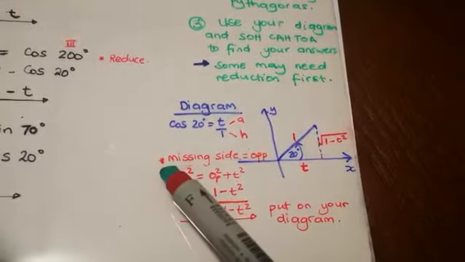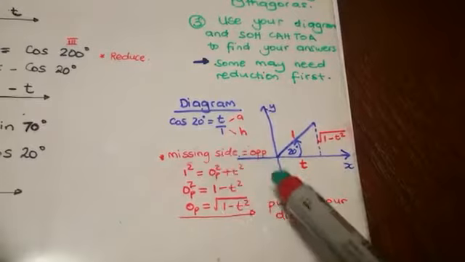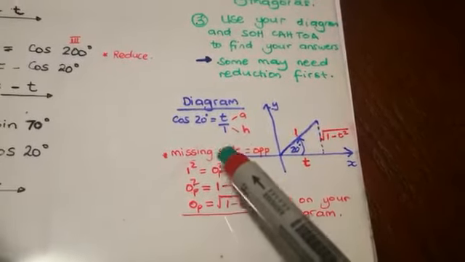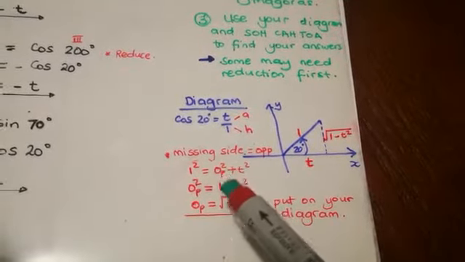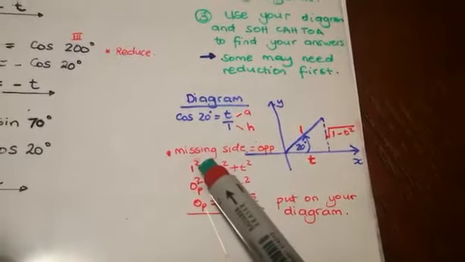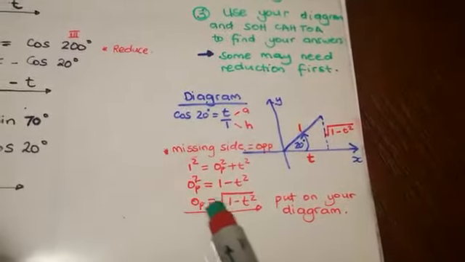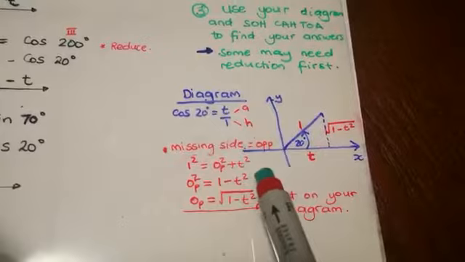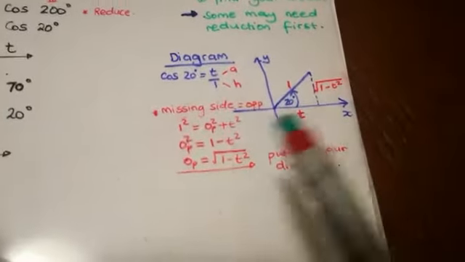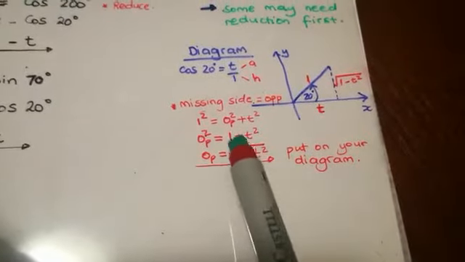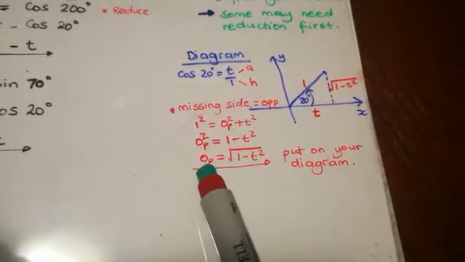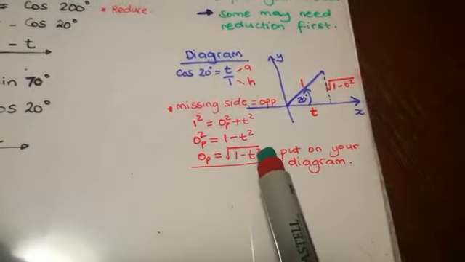So 1 squared, hypotenuse squared, is equal to the opposite squared plus t squared. Then you make opposite the subject, so t squared goes to that side, so opposite squared is equal to 1 minus t squared. So if I'm looking for the opposite, then I have to take the square root. So the opposite is the square root of 1 minus t squared.